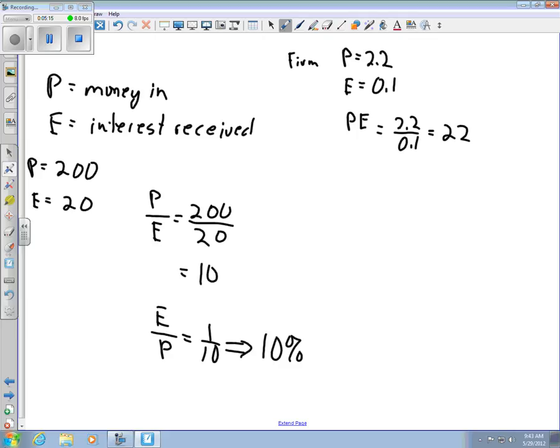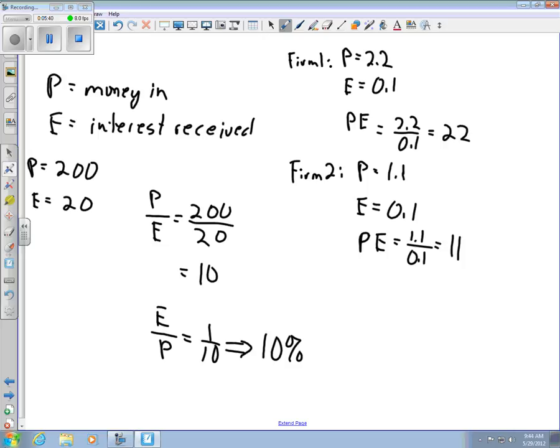The second firm, without growth, firm 2, had a price equal to 1.1 and an earnings per share equal to 0.1, or a PE equal to 1.1 over 0.1, which equals 11.